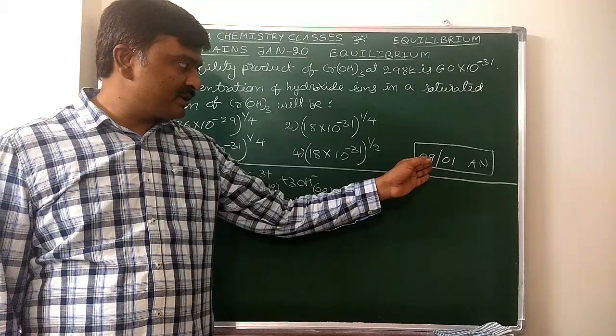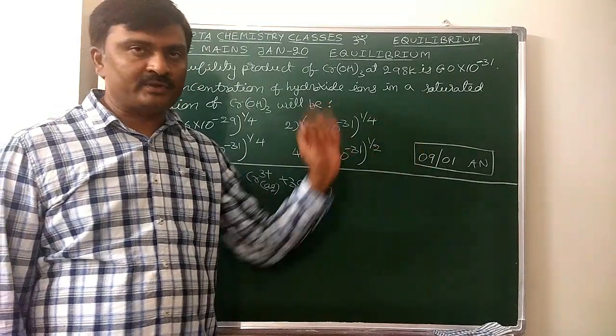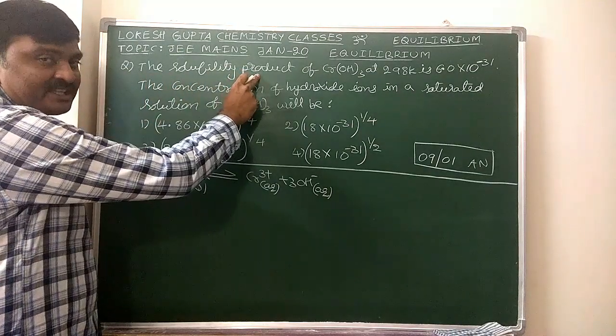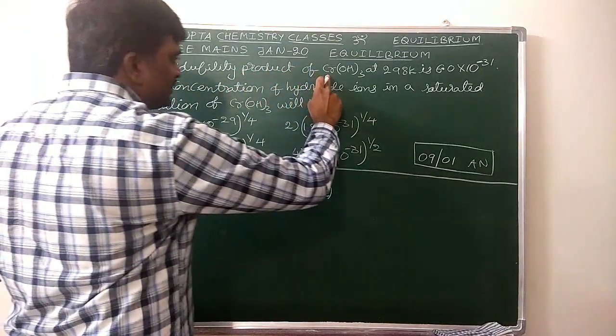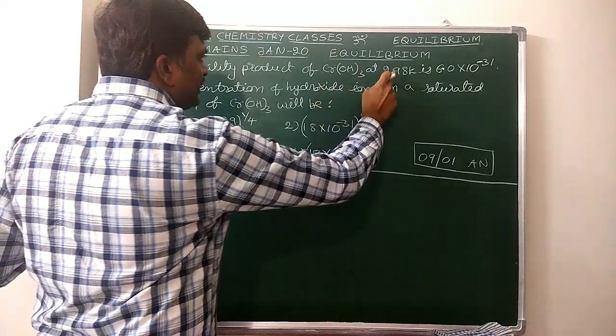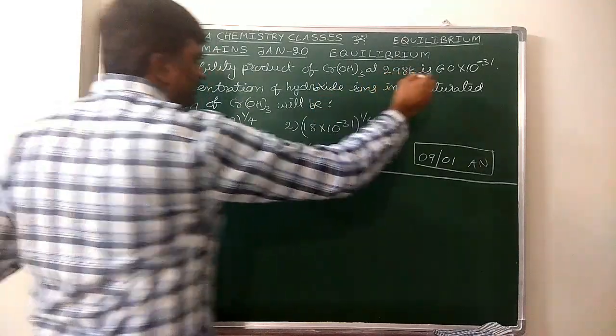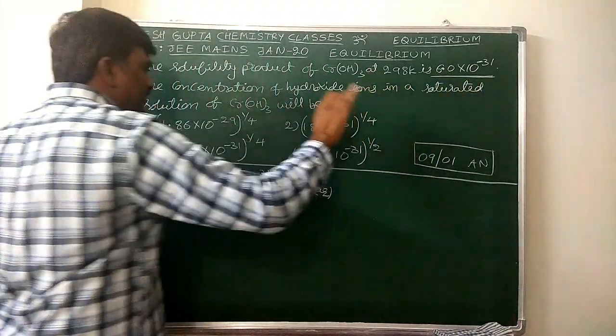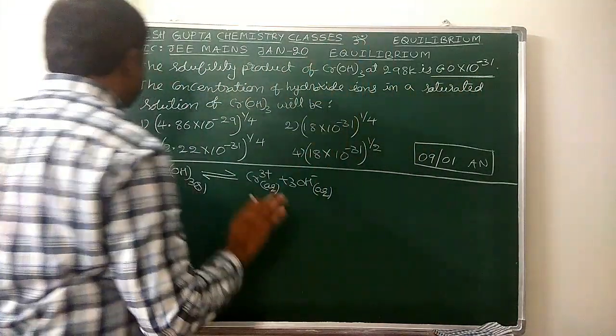This question was given on 9th January afternoon. Now come to the question. The solubility product Ksp of Cr(OH)3 at 298 Kelvin is 6 into 10 to the power minus 31. Actually, they have to give the units, that is missing.